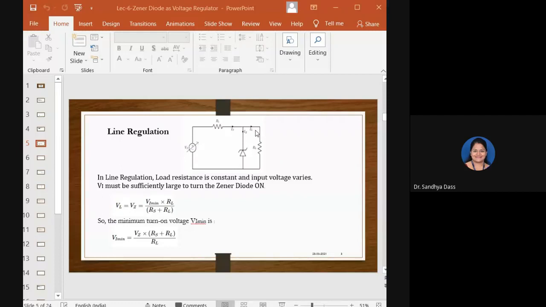According to Kirchhoff's current law, the incoming current at the node will be equal to the summation of the leaving currents. So IR is equal to Iz plus IL. Please note down: IR is equal to Iz plus IL according to KCL.